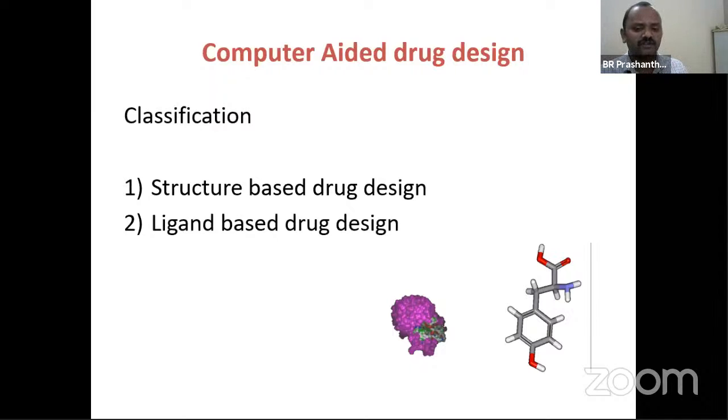Whatever formulation you do is a different thing. So this is what we do as part of computer aided drug design, either by structure based drug design or by ligand based drug design. You must remember these two broad techniques of computer aided drug design.